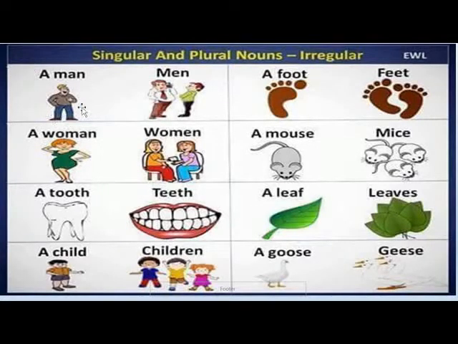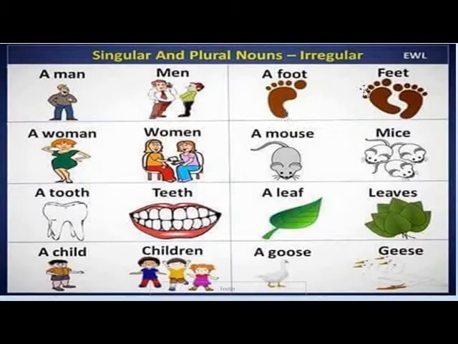Look here. A man becomes men in the plural. You should notice here there is no S at the end. Again here, a woman becomes women. A tooth becomes teeth. A child becomes children.